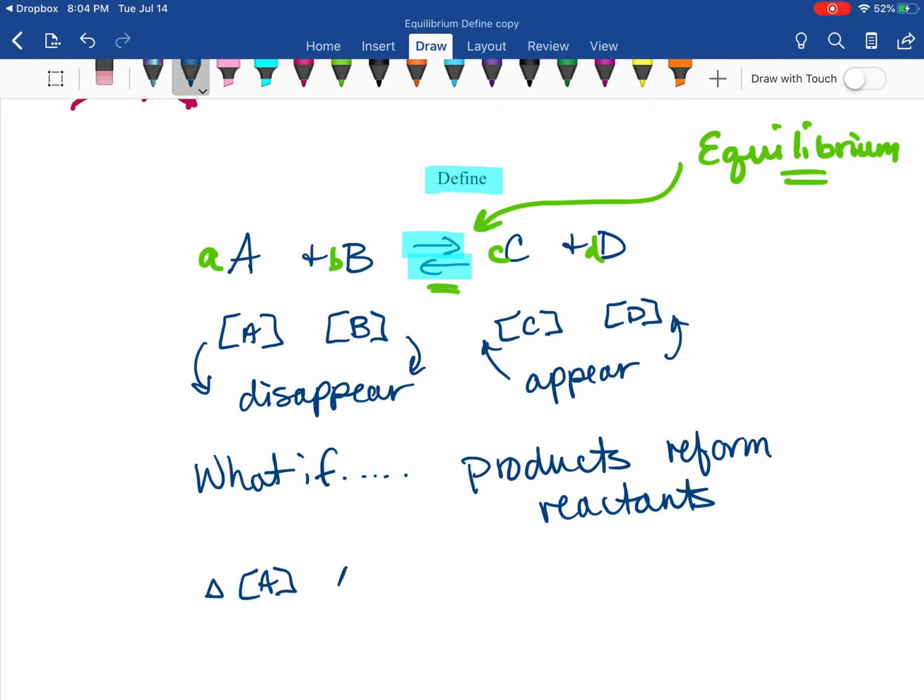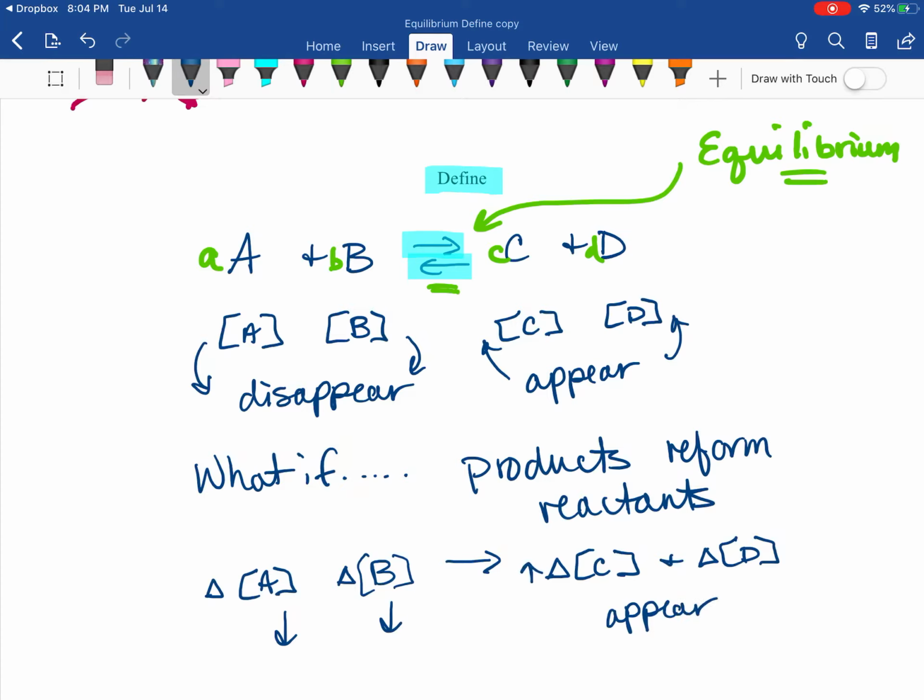So let's write this out again. What if you're watching a change in your concentration of A and B? Okay, and they are disappearing. The second they disappear, you start to see your C and D appear.